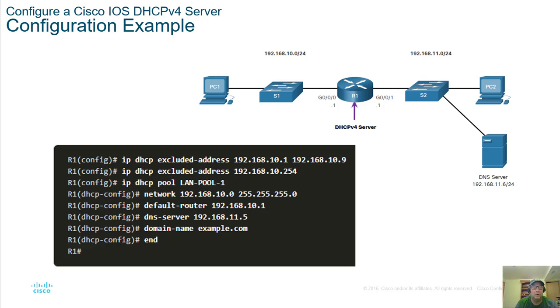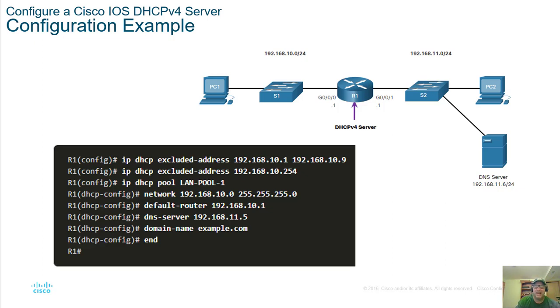Easy enough. Guess what? DHCP is now set up on this device. If PC1 were a DHCP client and it was to send out a DHCP discover, it would then get a response back from the DHCP server just with this configuration.